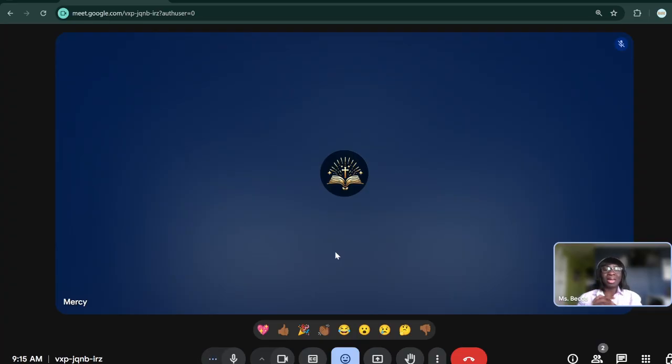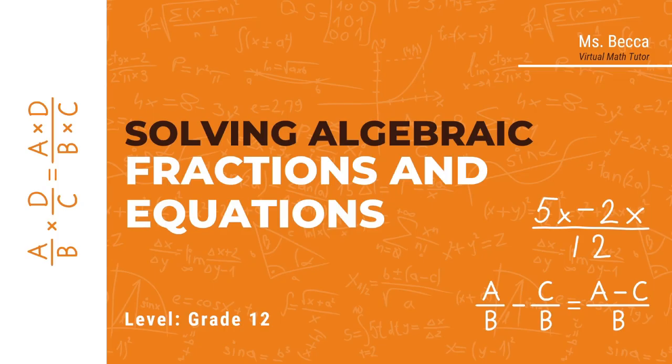Good job. So it becomes an algebraic fraction if we have an algebraic expression as the numerator, the denominator, or both the numerator and the denominator. Now let me share my screen with you.